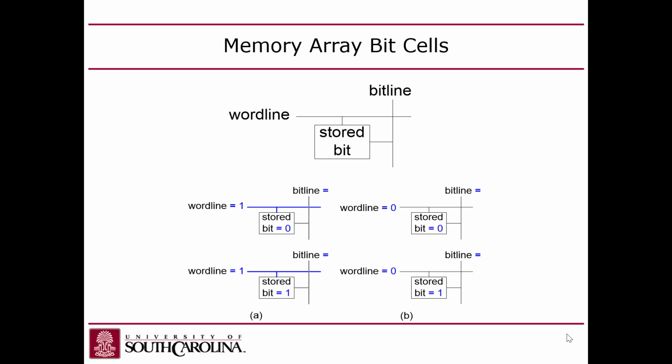The word lines are wires laid out horizontally that are used to activate a word, which would be a row in the RAM. The bit lines go vertically, and they are how you read out the bits from that row. They're also how you write bits into that row as well, so they're like bidirectional.